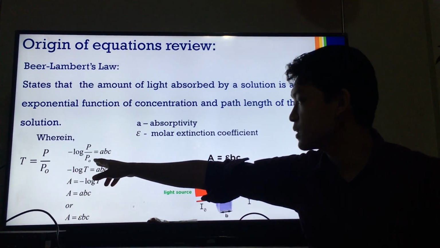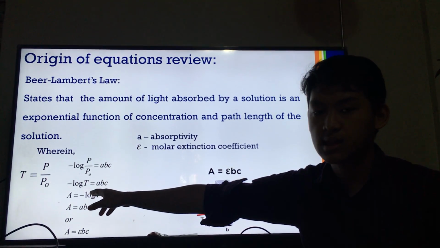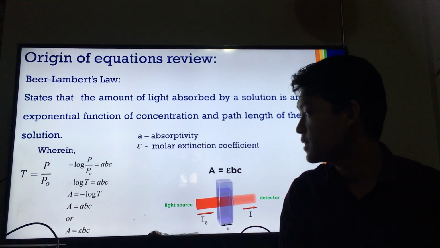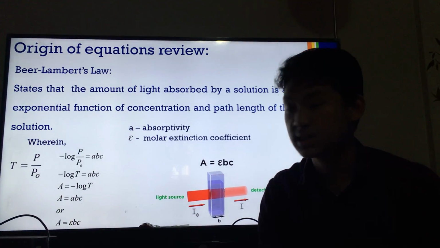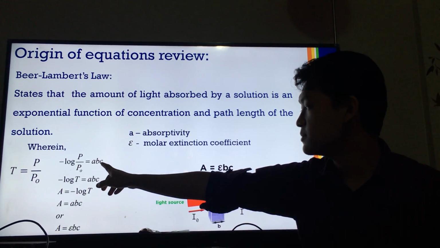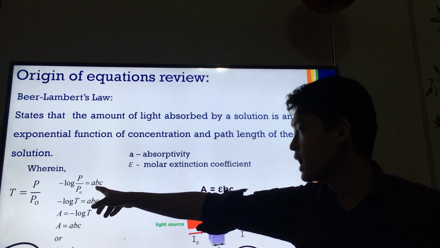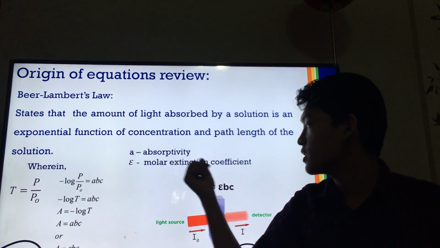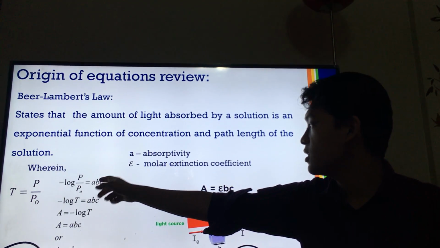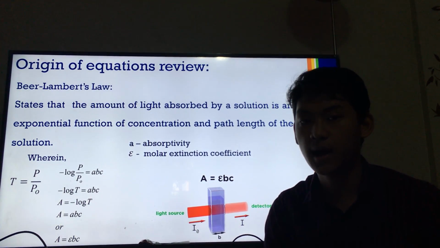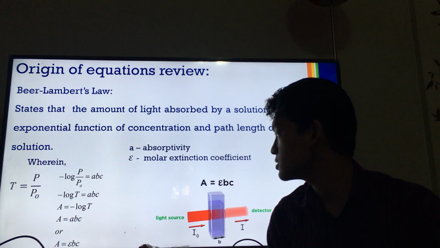From the prior equations that we already have, we know that A can now be expressed as negative log of transmitted over incident radiation, which equals a times the path length times the concentration, wherein the epsilon, the molar extinction coefficient, can be replaced by a, which is absorptivity, which also measures the absorbing capacity of a substance.